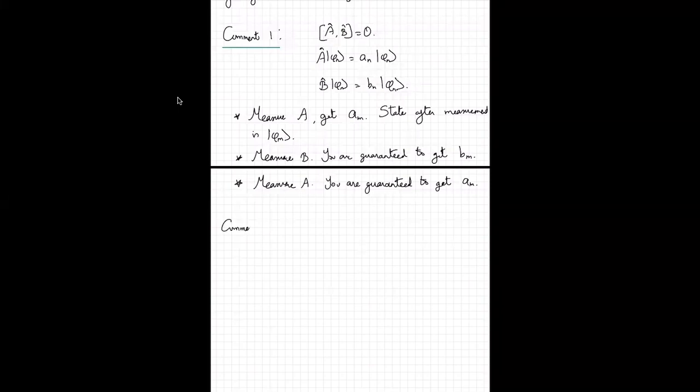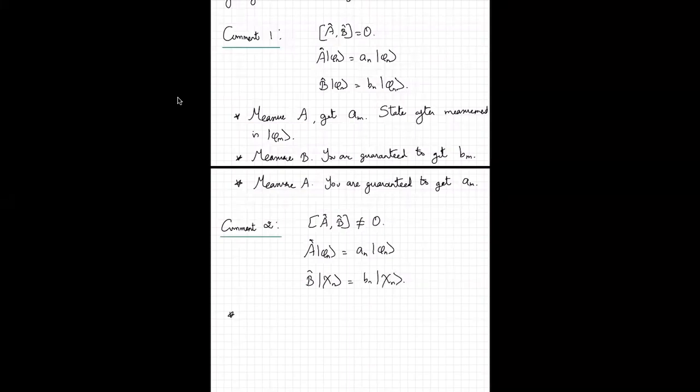Comment number 2 is what happens if A and B do not commute. Then of course the eigenvectors of A are not the eigenvectors of B. They are two different sets of eigenvectors. So A acting on phi n is An acting on phi n, and B acting on some chi n is Bn acting on chi n.